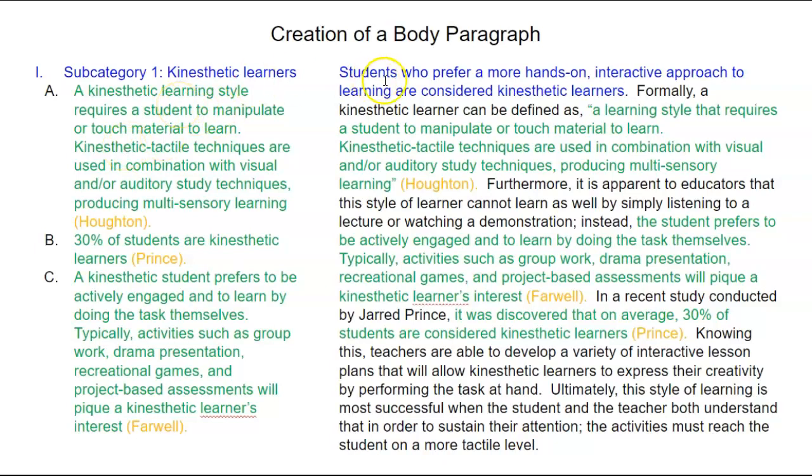If you look at this, you can see that I have the blue topic sentence, and then some text in black, and then my green fact with my in-text citation, and we follow that pattern. We're going to break down the different parts of this paragraph and how we got there.